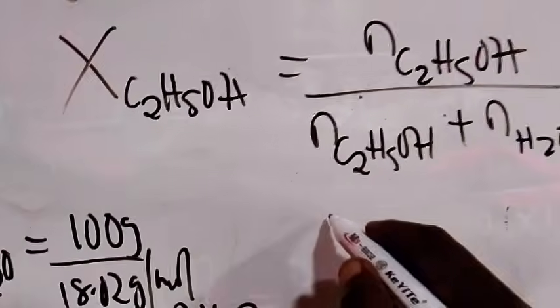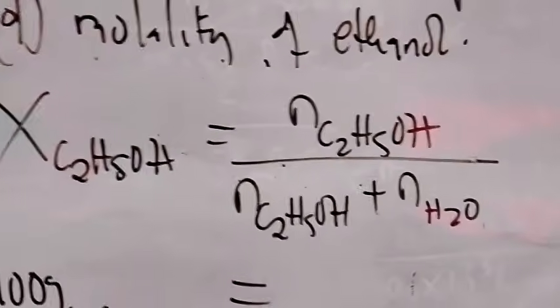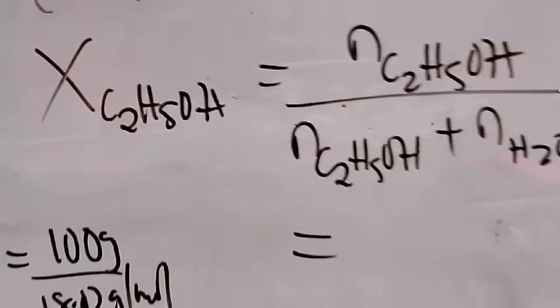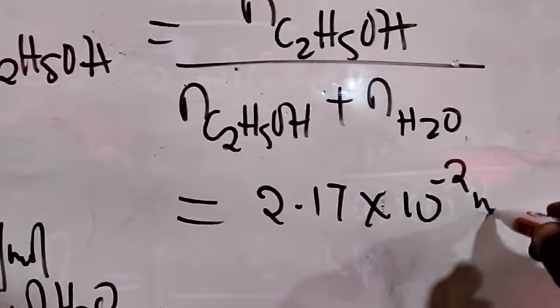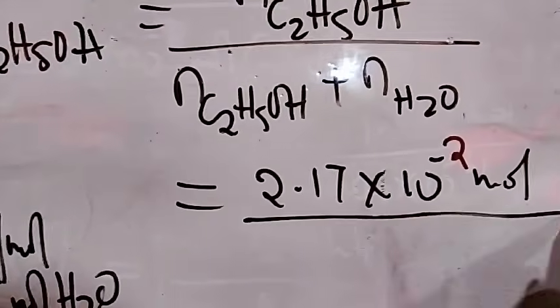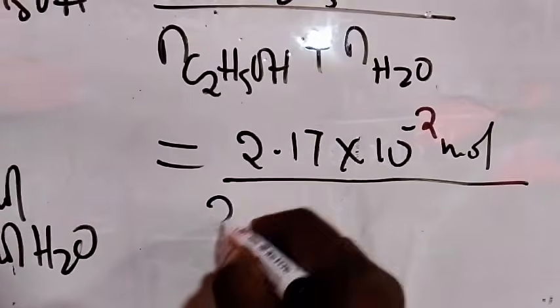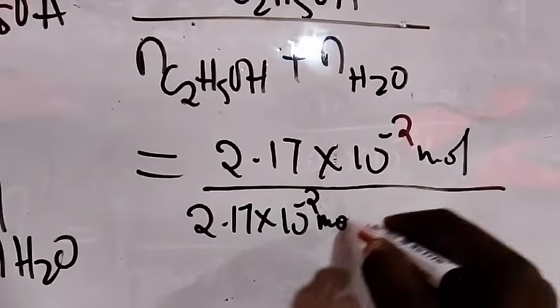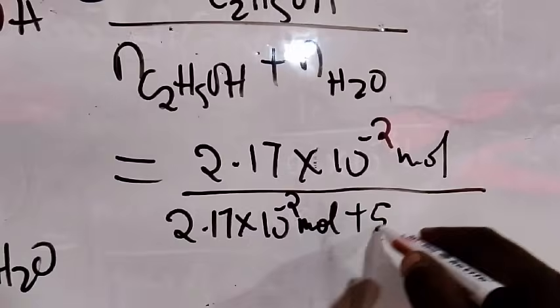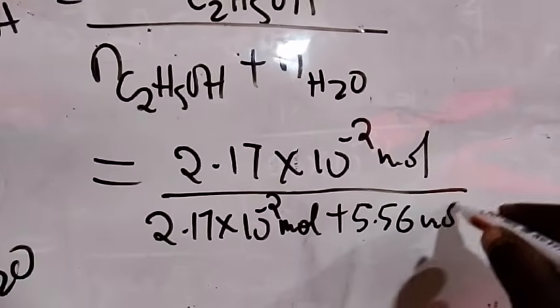Then we bring it here. Moles of ethanol we have already calculated, which is 2.17 times 10 to the power negative 2 moles, over 2.17 times 10 to the power negative 2 moles plus the moles of water, 5.56 moles.